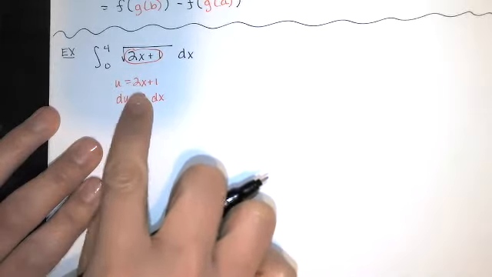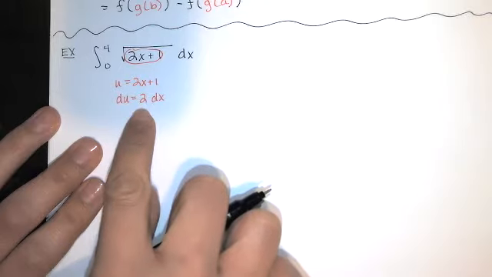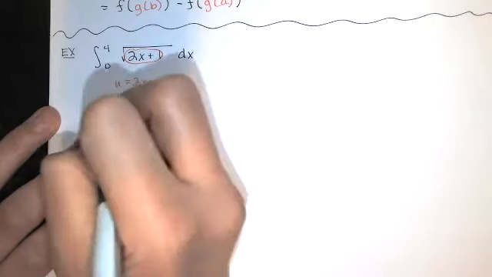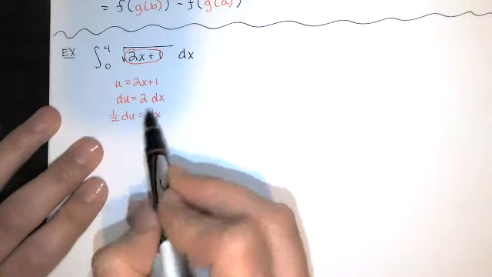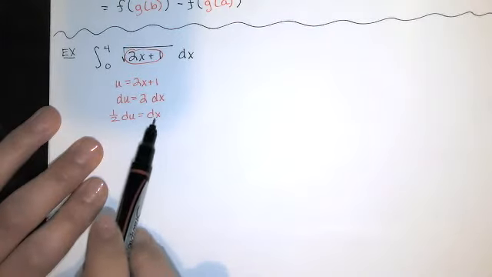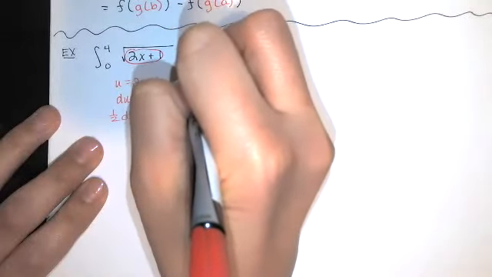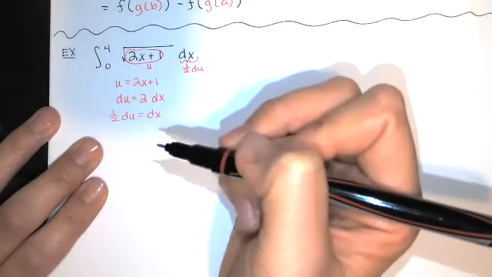I'm not worried about the constant, but I ask myself, can I substitute the dx? Yeah, the dx is there. I don't have this 2 though, so I'll divide both sides by 2 or multiply by 1/2, same thing, just to get that dx by itself. So I now know that dx is 1/2 of du. And this is a u under a radical.